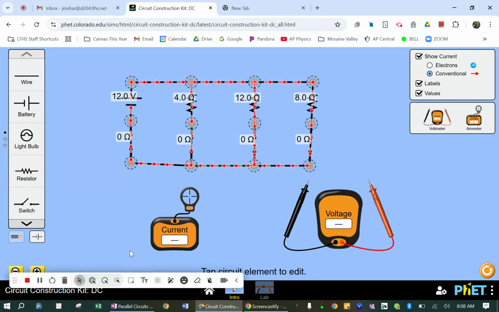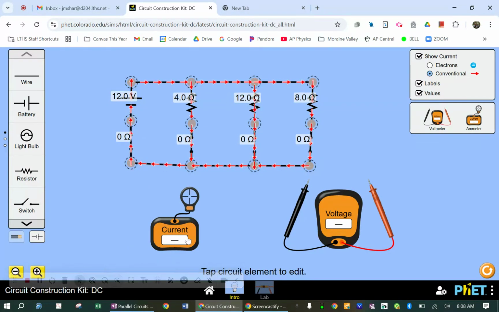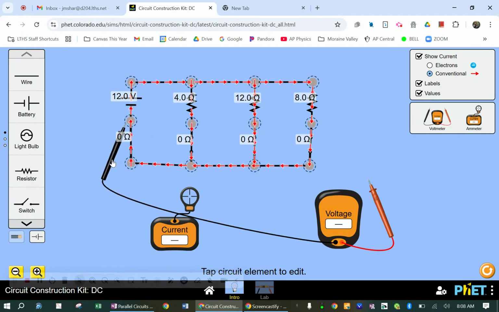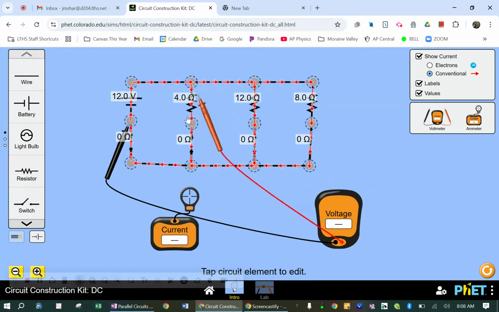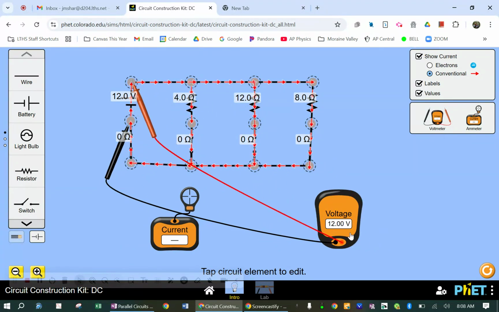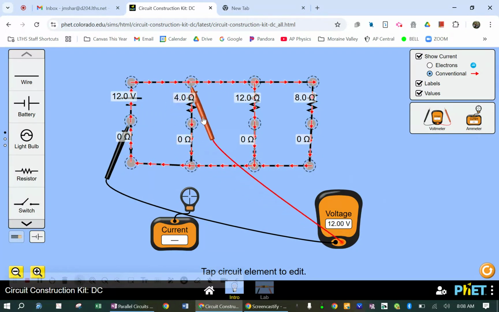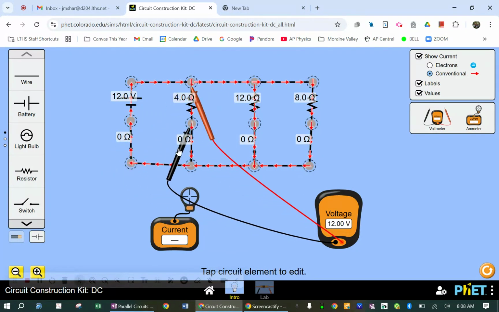Okay. Now, hopefully you've done a lab on this, but as a reminder, here are the things you learned about parallel circuits. The battery voltage is 12 volts, and I'll test that just to make sure. You see our little voltmeter says 12 volts. If you look at any of the other resistors in the circuit, they also have a voltage of 12 volts.